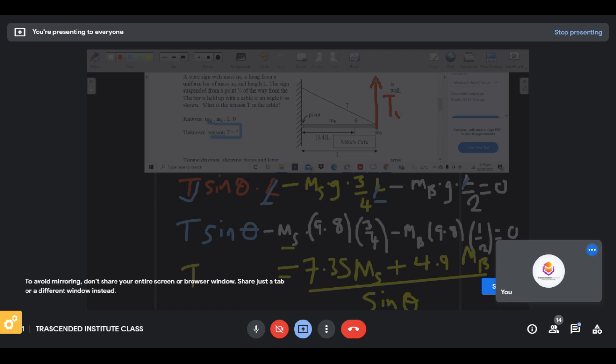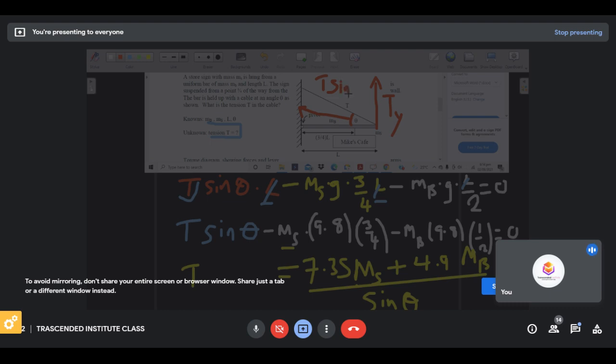Ty is the opposite side to theta, so using the trigonometric sine ratio, it gives you T sine theta.